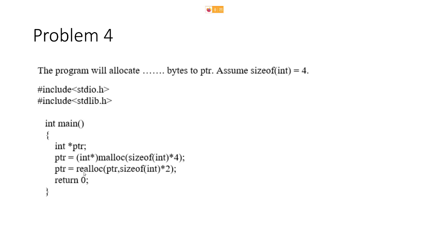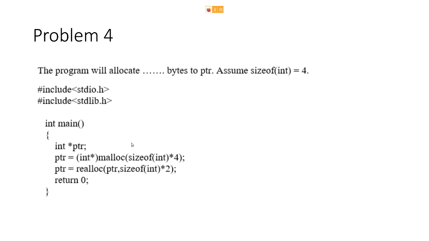Then in the next line you have called realloc, which is another dynamic memory allocation function similar to malloc. Here you are passing it ptr, and you're also giving it the size of the memory block that you want to allocate. The question is asking what is the size of the memory block pointed to by ptr.